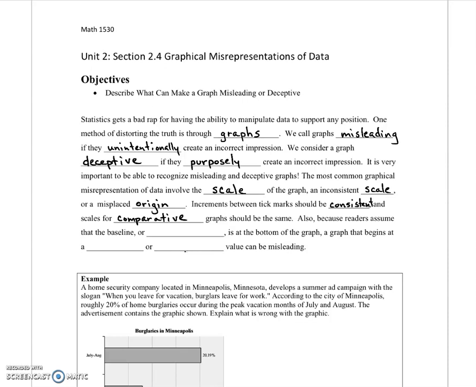Also, because readers assume that the baseline or the 0 point is at the bottom of the graph, a graph that begins at either a higher or lower number can be misleading.